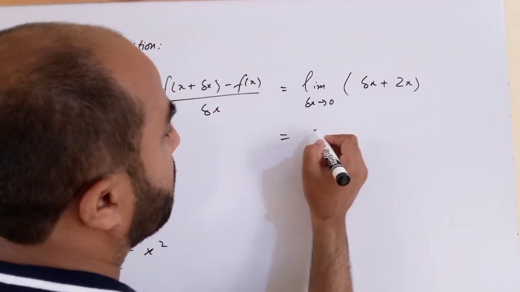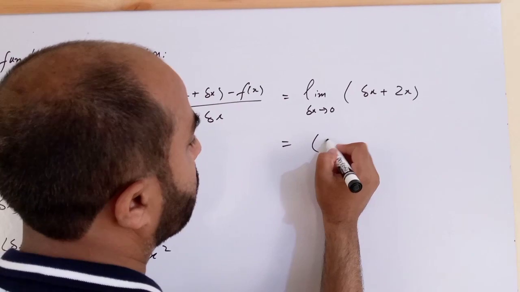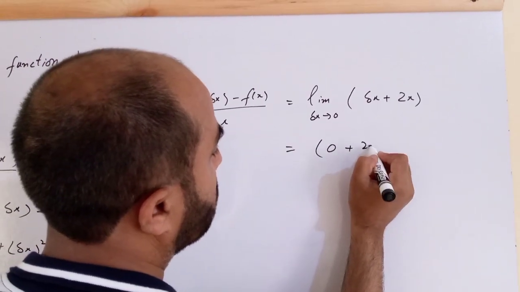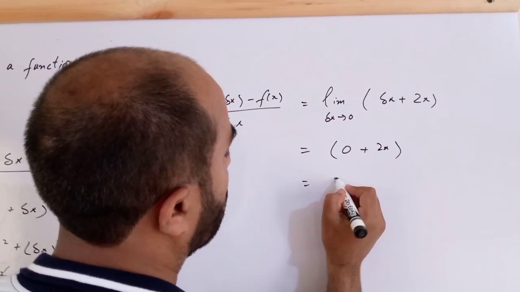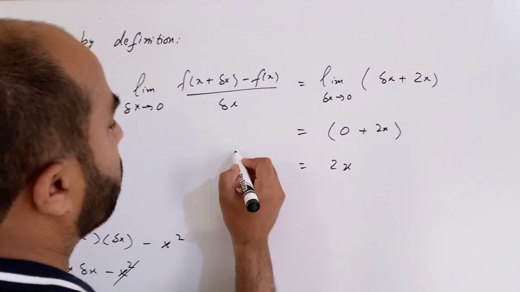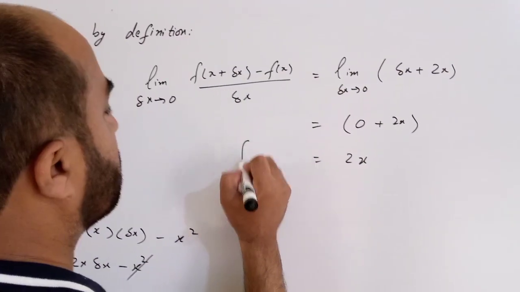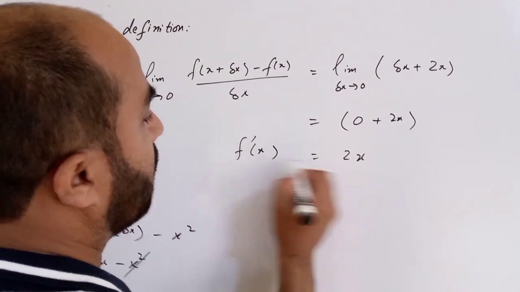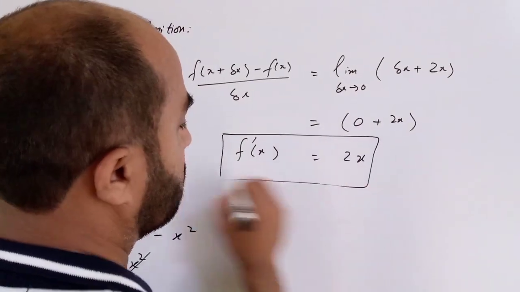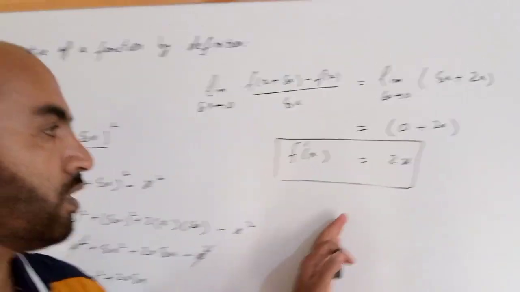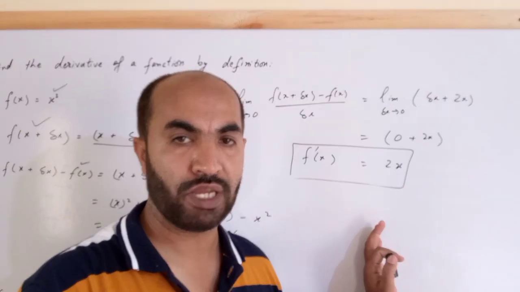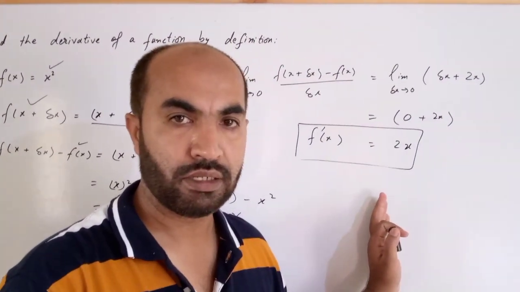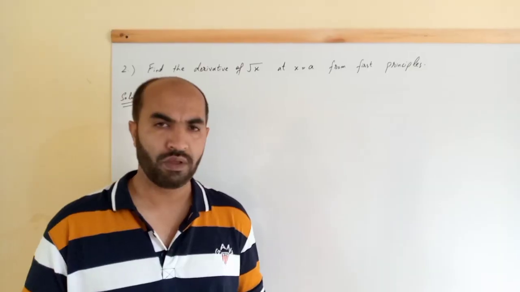When you apply the limit, delta x will be 0 plus 2x, so 2x. So we have the derivative of the function, f dash of x equals 2x. This is our required answer. In this way we solve these questions with the help of the definition method. Got it?